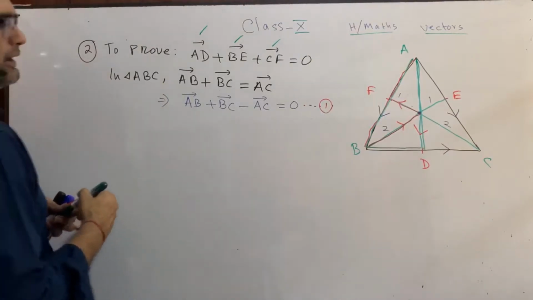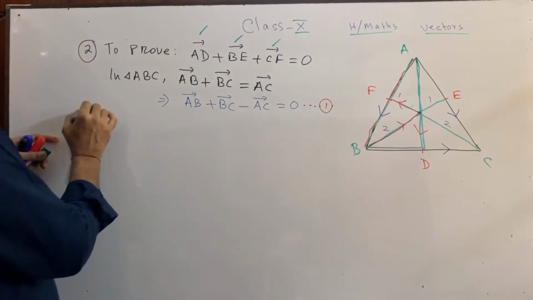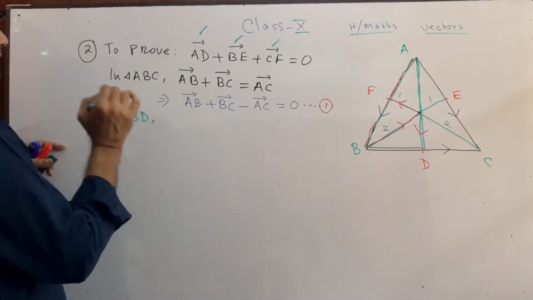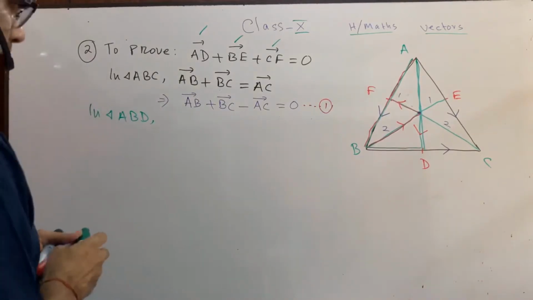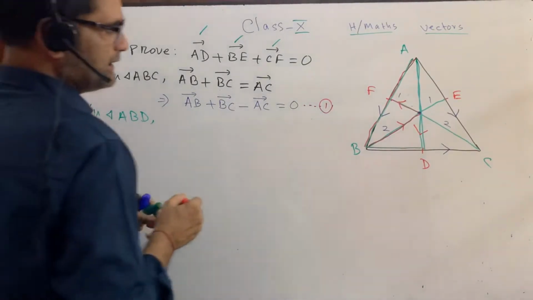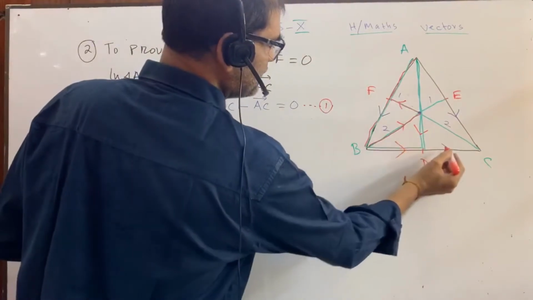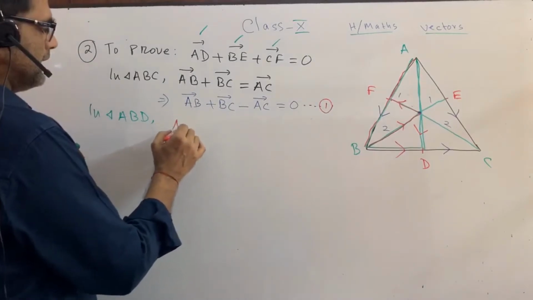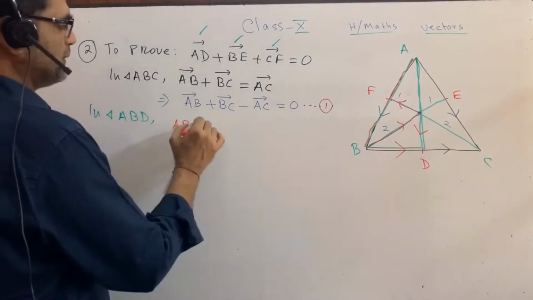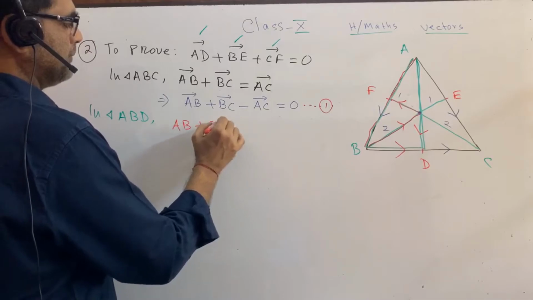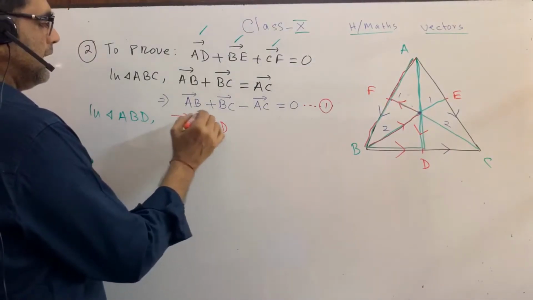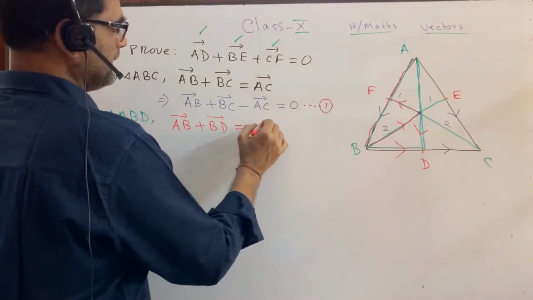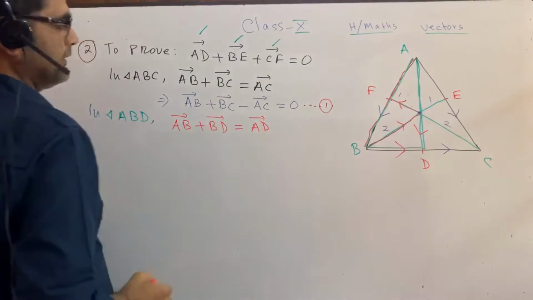You write down in triangle ABD, we are getting AB plus BD is equal to AD.